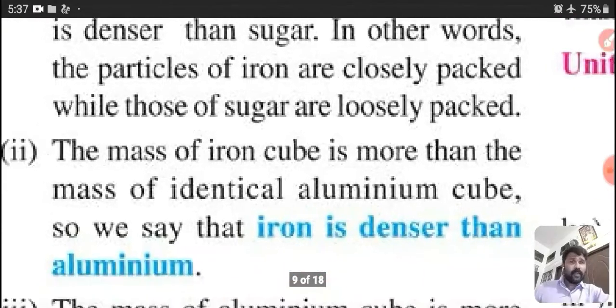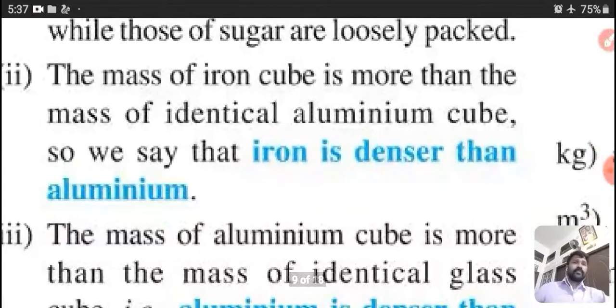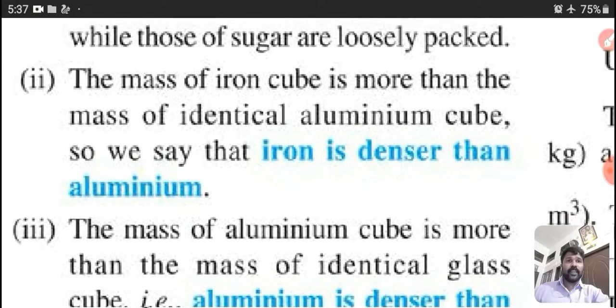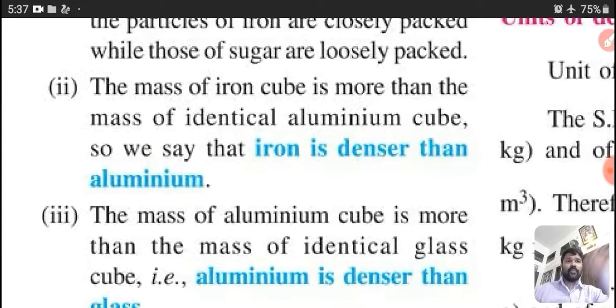Another observation is the mass of the iron cube is more than the mass of the identical aluminium cube. So we say that iron is denser than aluminium.